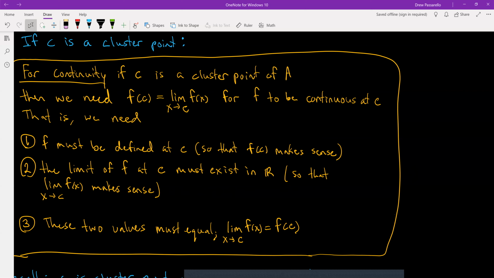That is, we need these three conditions. f needs to be defined at c so that f of c makes sense. The limit of f at c must exist so that the limit as x approaches c of f of x makes sense. And then these two values must be equal: the limit as x approaches c of f of x equals f of c. That is when we're dealing with the cluster point c.